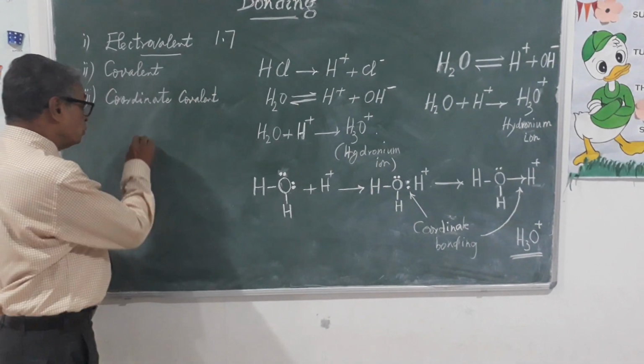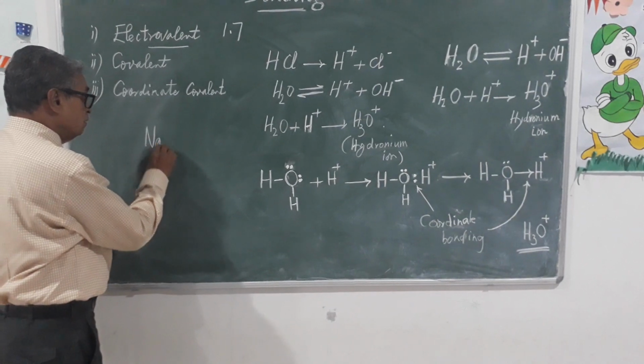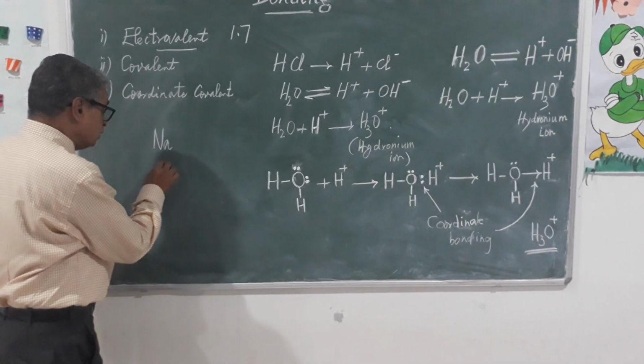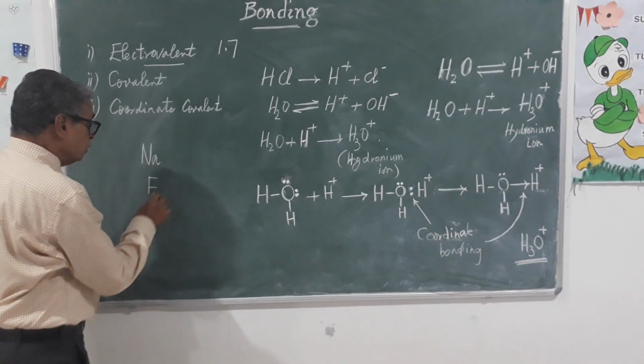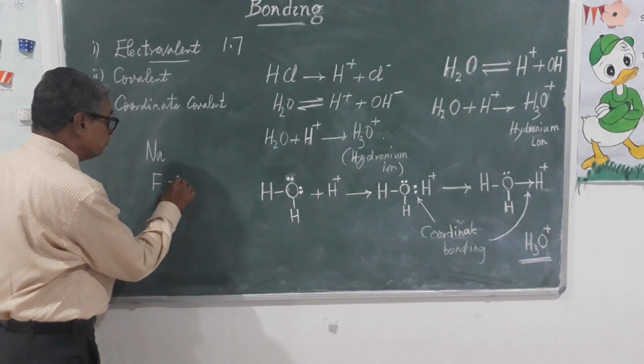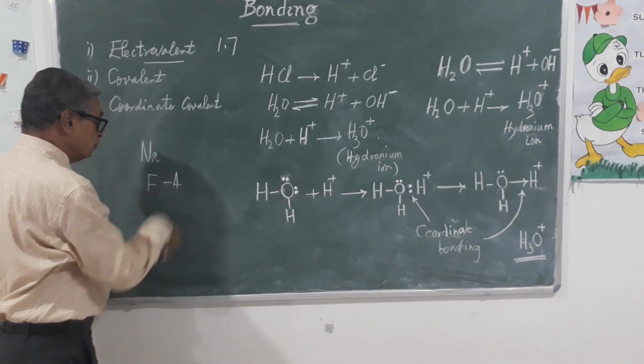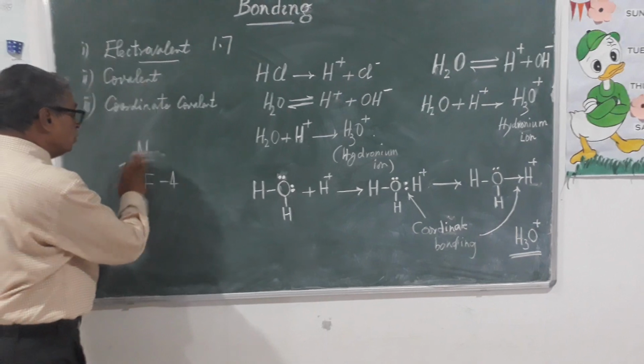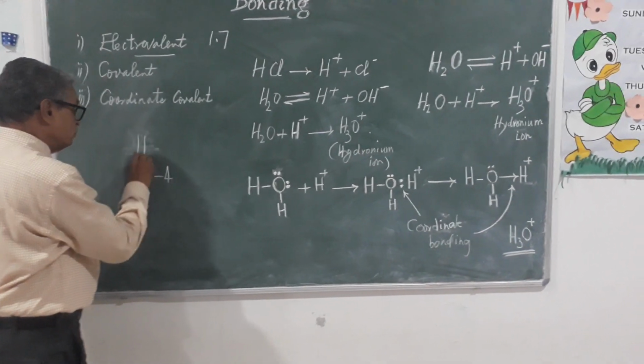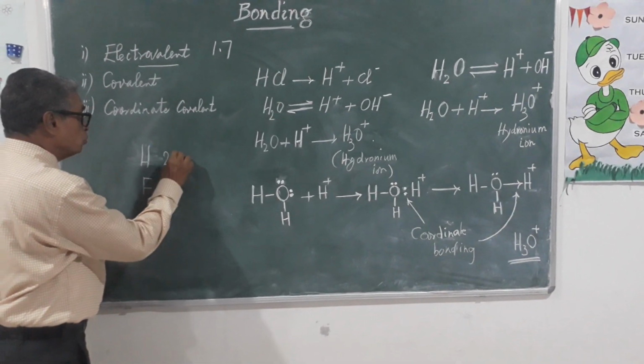Take for example sodium, Na, and fluorine. Fluorine has an electronegativity of 4. Hydrogen's electronegativity is 2.1.